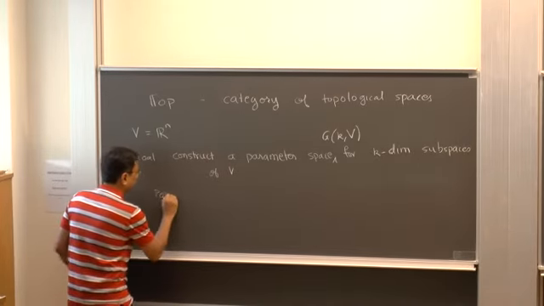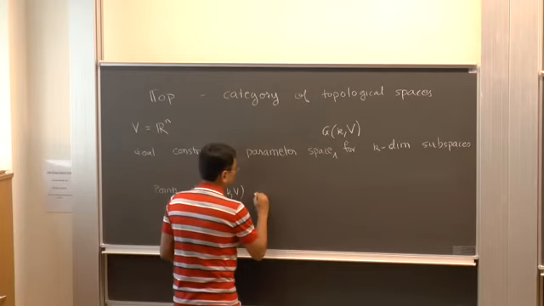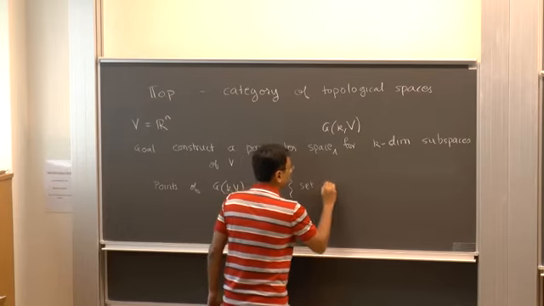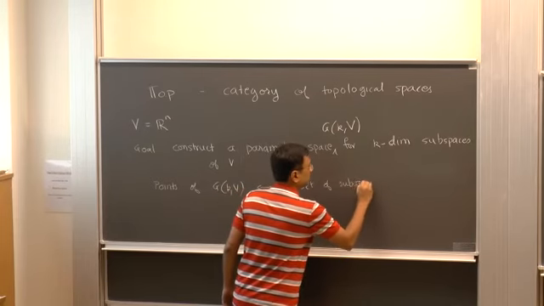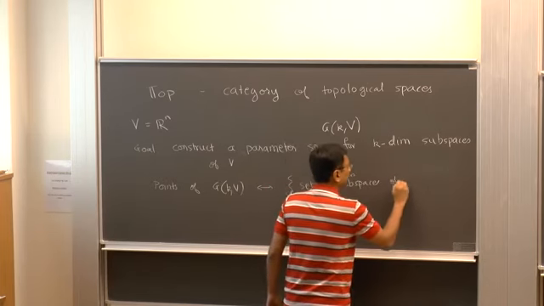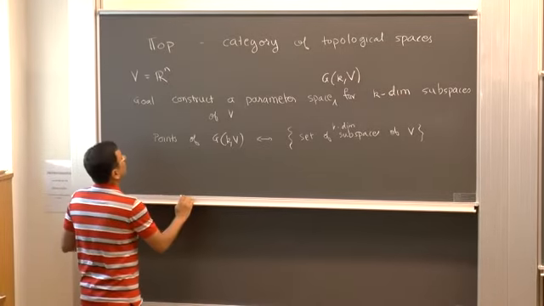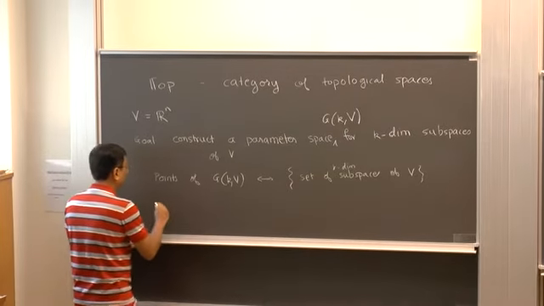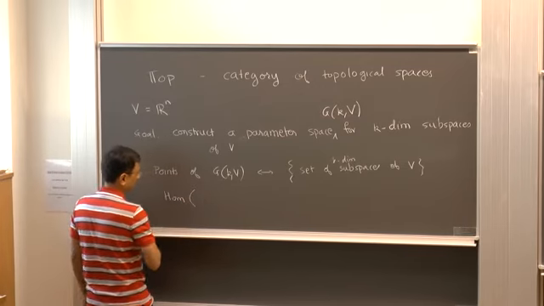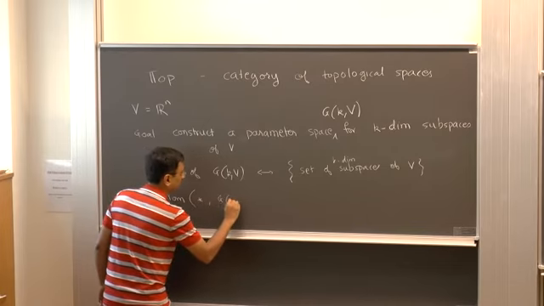So the points of this G_k(V) are in bijection with the set of k-dimensional subspaces of V. You can think of points as maps from a point, so the set of all maps from star to G_k(V).